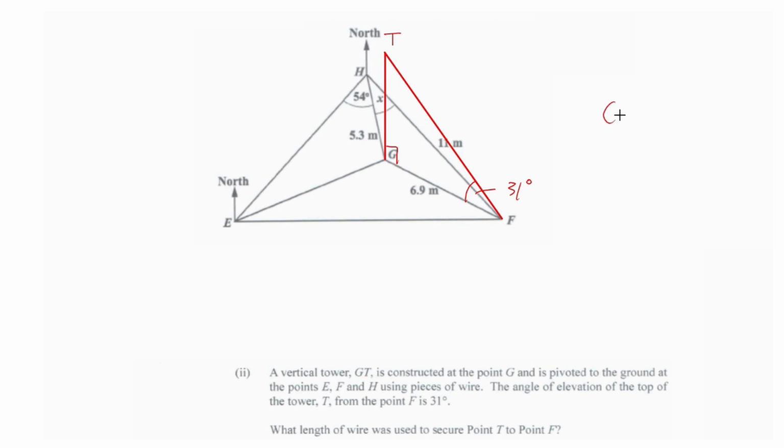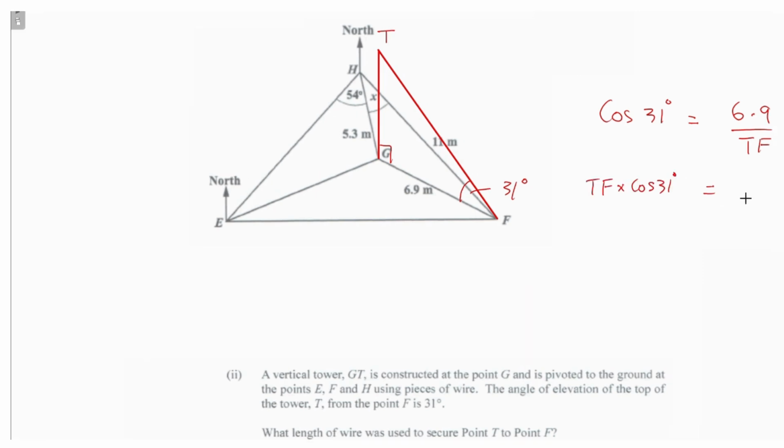So cosine 31 degrees is equal to the adjacent side, which is 6.9, over the hypotenuse, which is TF. That's what we are finding. So we multiply both sides by TF, so TF cosine 31 equals 6.9. We want to get TF, so we divide both sides by cosine 31.